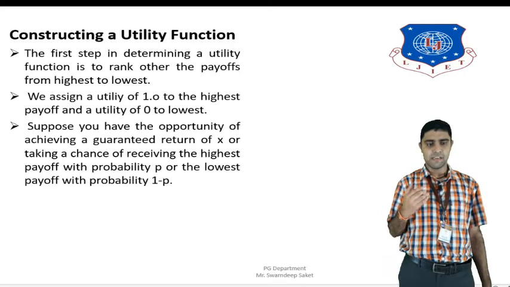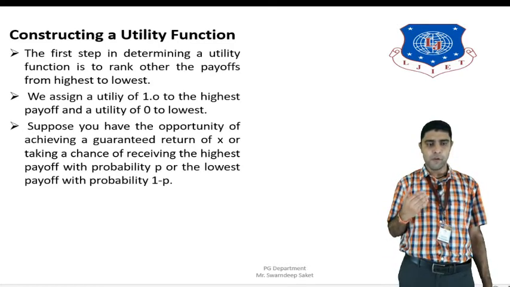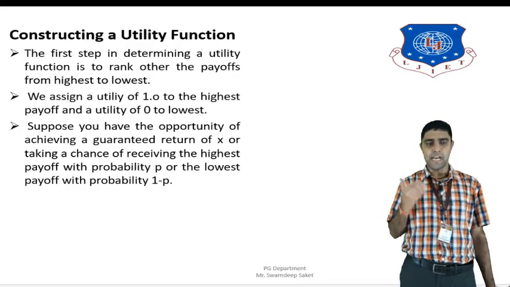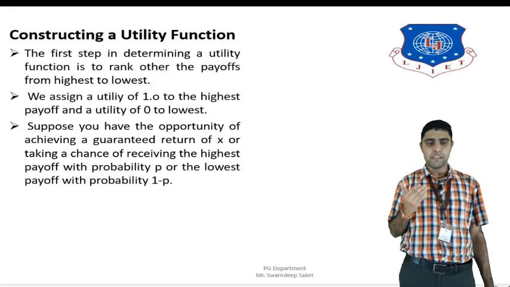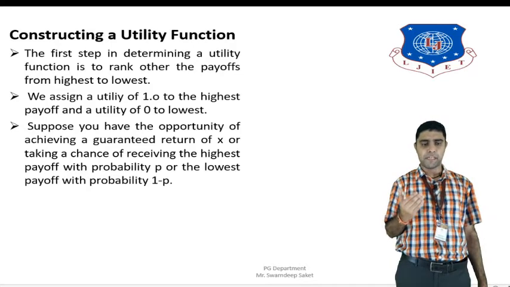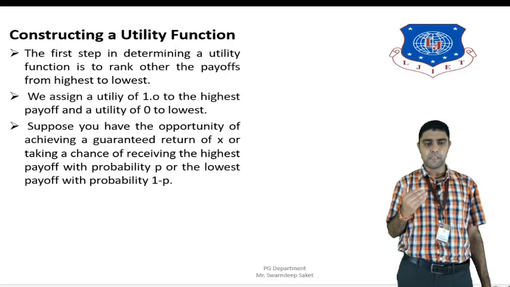Suppose you have the opportunity of achieving a guaranteed return of X. So we have the opportunity, and we are guaranteed that value X will return, versus receiving the highest payoff with probability P and the lowest payoff with probability 1 minus P. So P is the probability for the highest payoff, and 1 minus P is the probability of the lowest payoff.